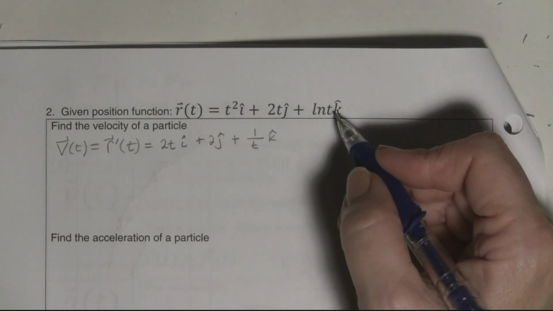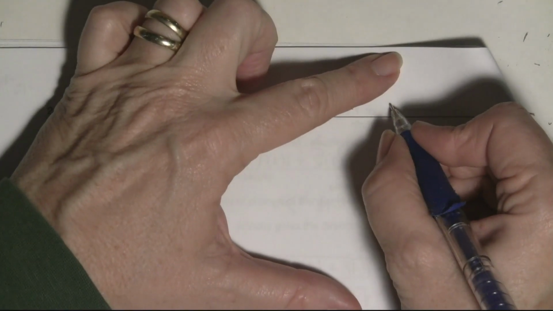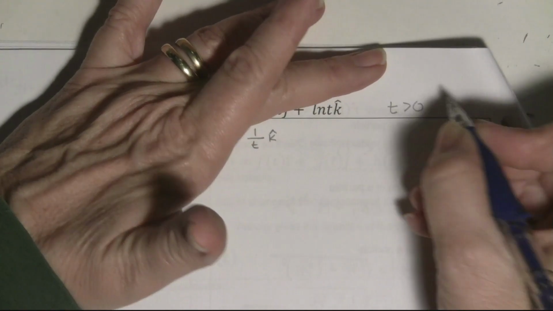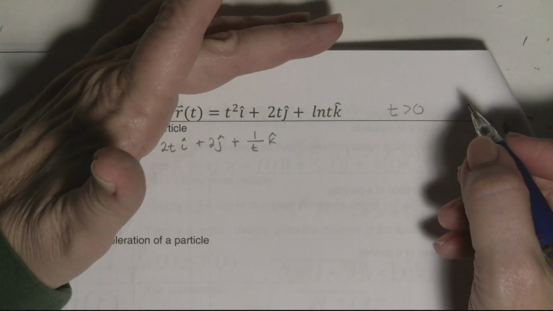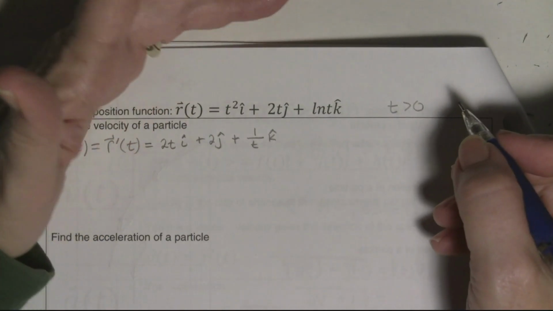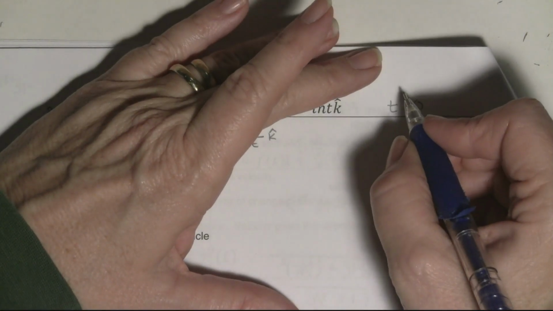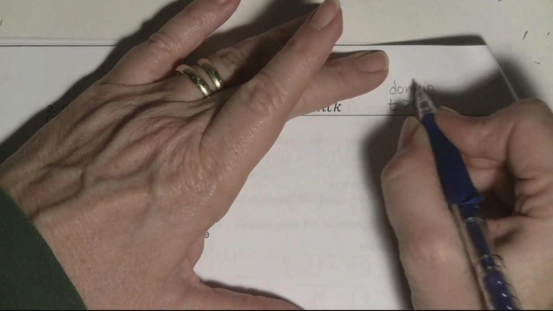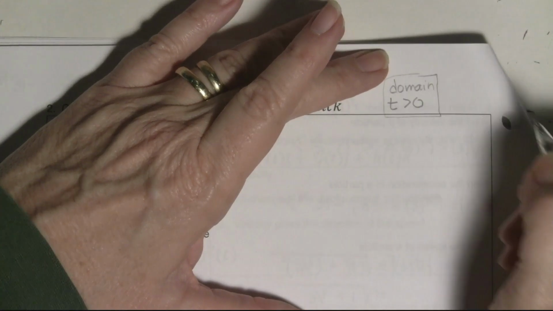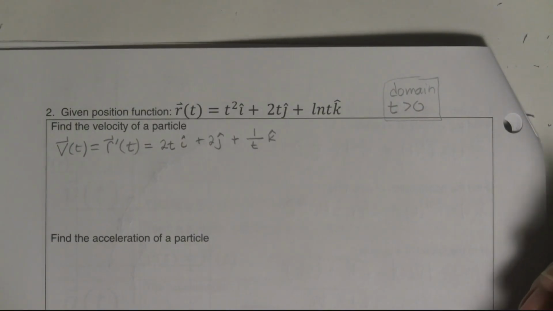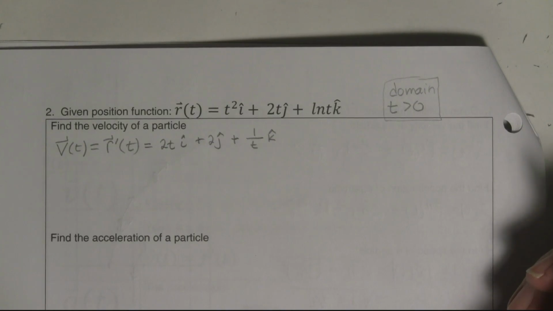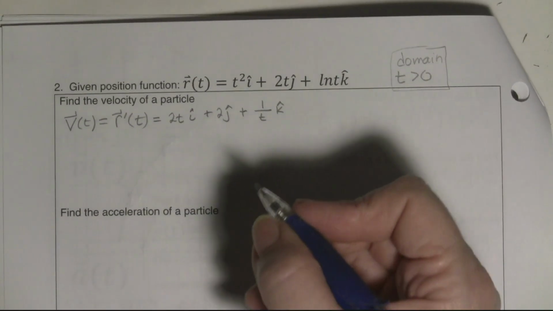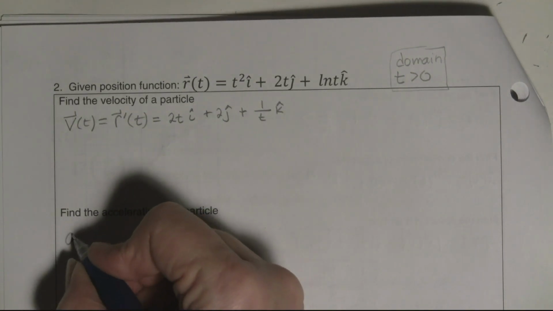And so because of the natural log of t there, I know that anything I say about this is only good for t greater than 0, because the natural log of 0 or a negative gives you an error, right? They didn't say anything about the domain, but we noticed that that's the case about the domain.